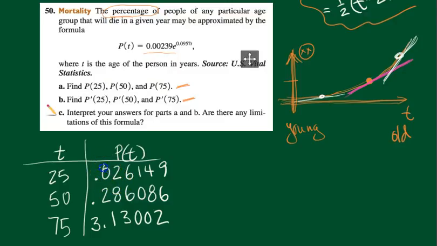About 3% of 1% of 25-year-olds die in a given year. So that's what, 26 out of, I think, every 10,000. That makes more sense. 1/4 of 1% of 50-year-olds, so maybe 1 out of every 200. And 3% of all the 75-year-olds.